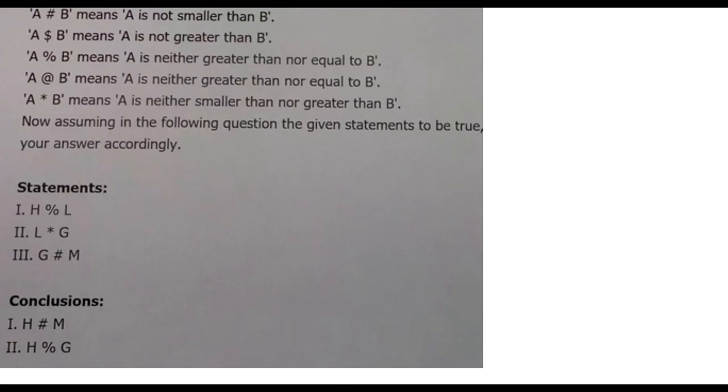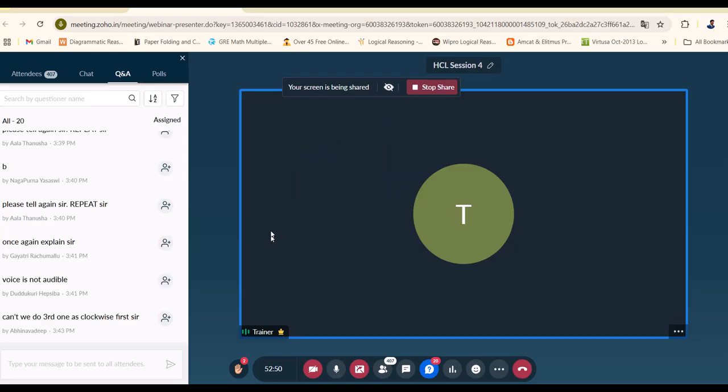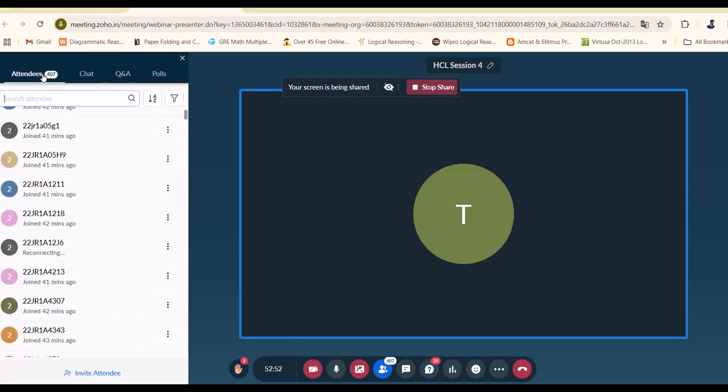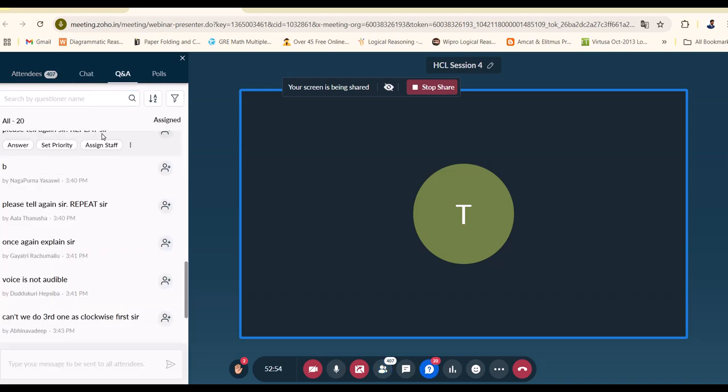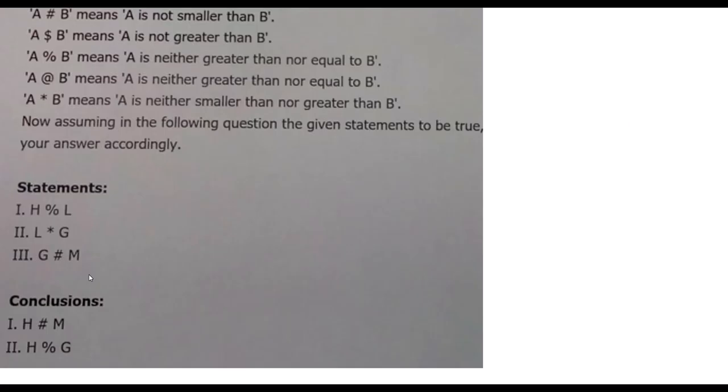Is conclusion one true, two true, or both false? That's what is required. You need very good internet. For your voice to be audible, this platform will take a good amount of internet, so you badly need good internet from your end.